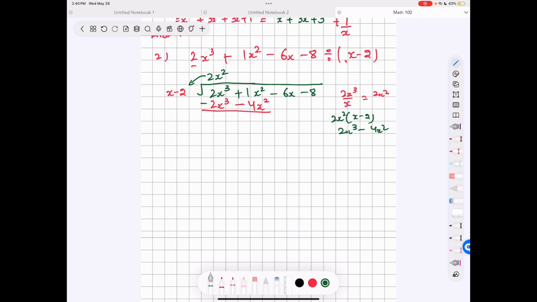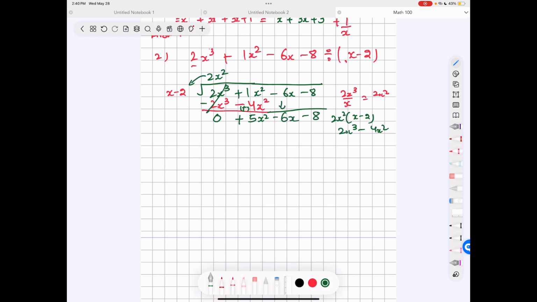This is gonna be minus, we get 0, they cancel out, and then we get 5 here. This is gonna be plus, plus, minus, minus. It's gonna stay as minus. We get 5x squared. This is gonna be a plus sign since the bigger term has a plus sign with it. Now we are gonna bring down minus 6x minus 8.